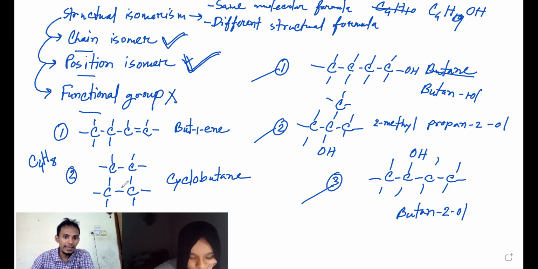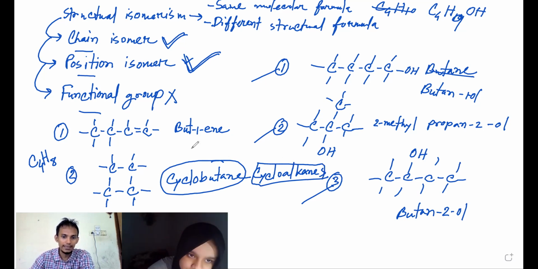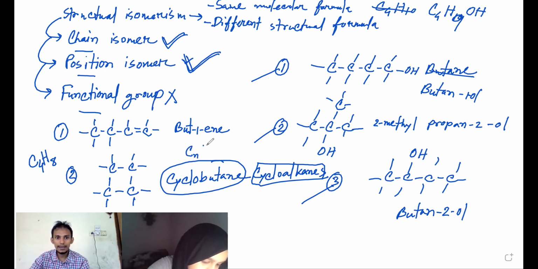So they are alkanes, but they are not typical alkanes, rather they are cycloalkanes. That's why it is cyclobutane. These are not typical alkanes, these are cycloalkanes. And you see they have the same molecular formula as alkenes. So they are also CnH2n, just like alkenes.